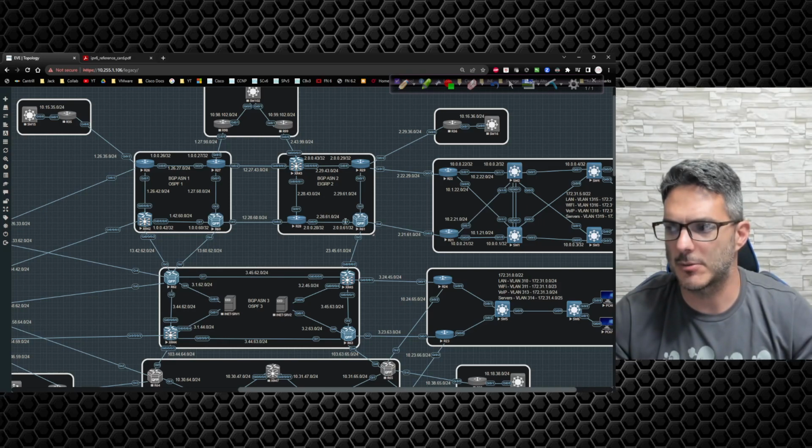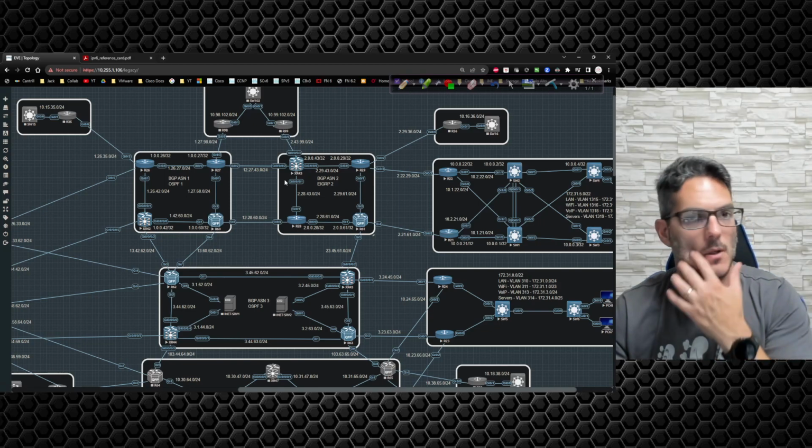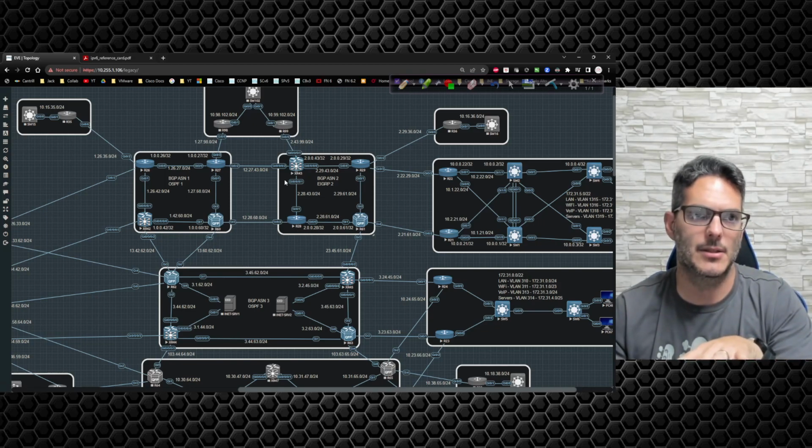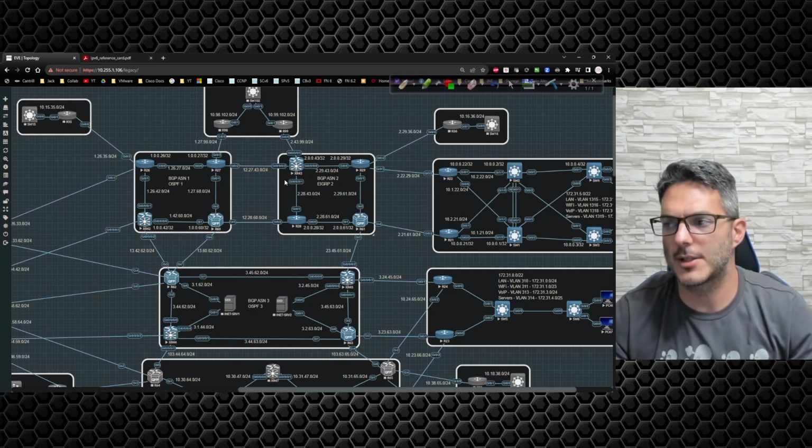And all of our dynamic routing, the CCNA and some CCNP level content, well, I'd say the majority of it, will be done in this environment, these little block of routers.